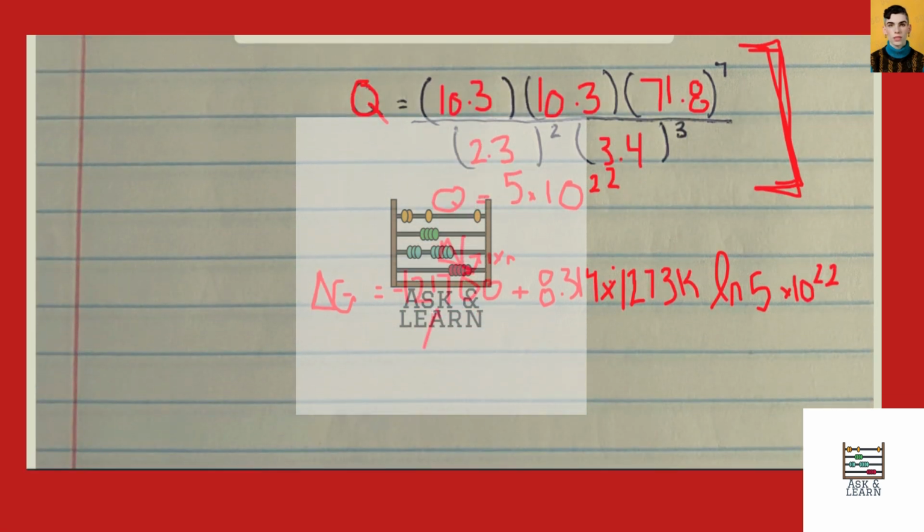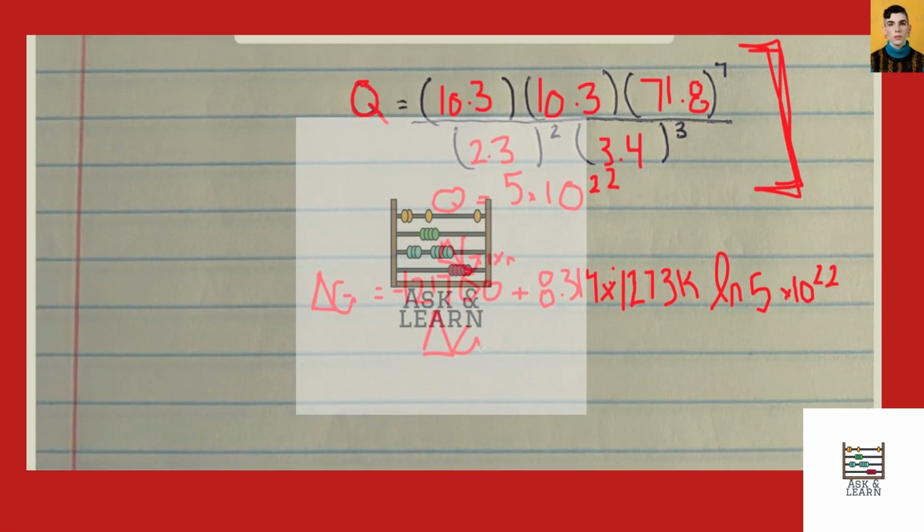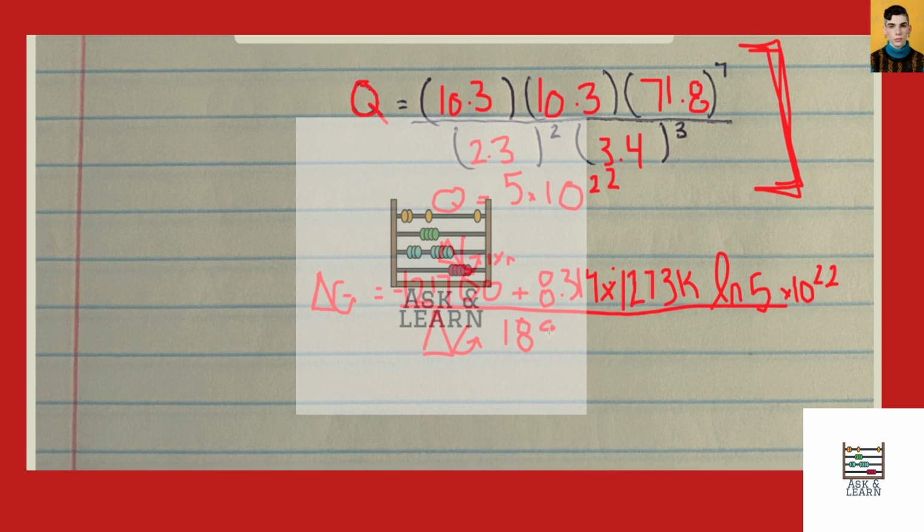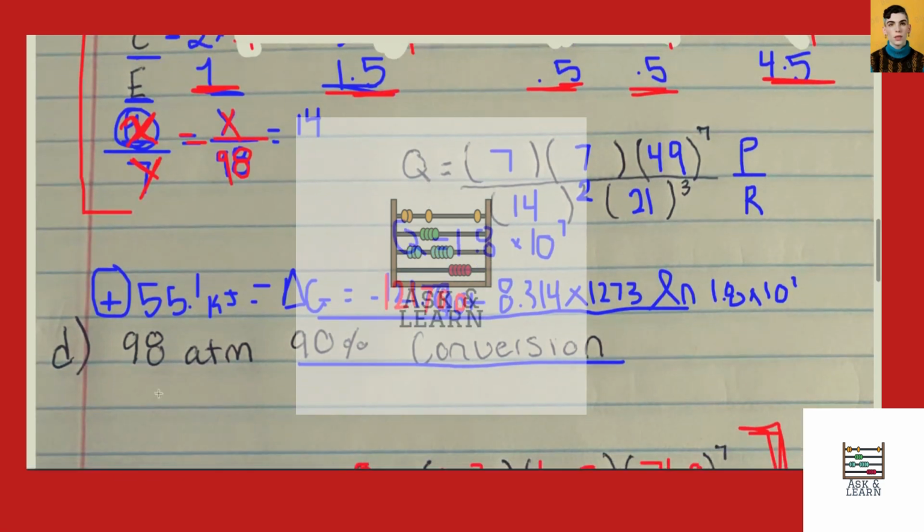And you should get a delta G of 188 kilojoules. Again, you're going to divide the product of this by 1,000 since we want to get it into kilojoules. Great. Since this has a positive delta G, it is non-spontaneous under these conditions.